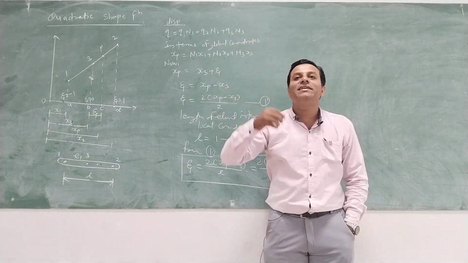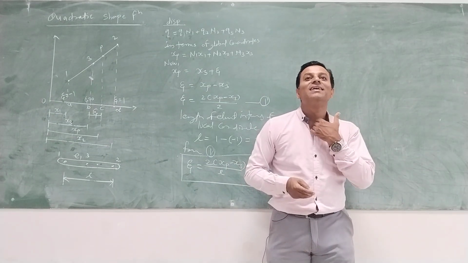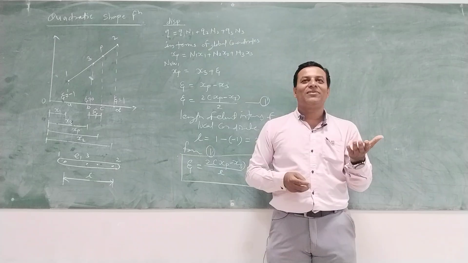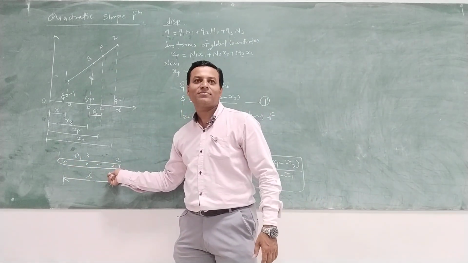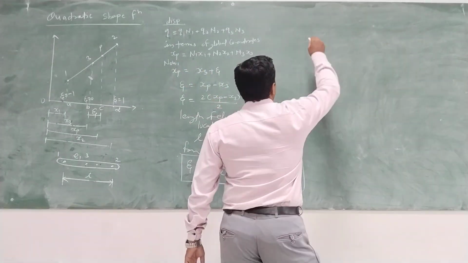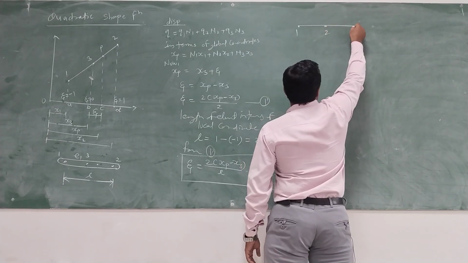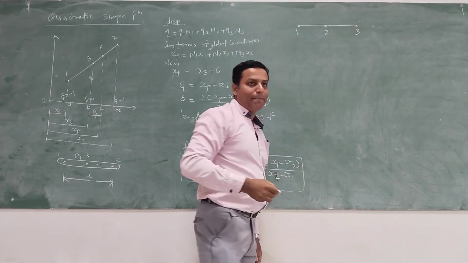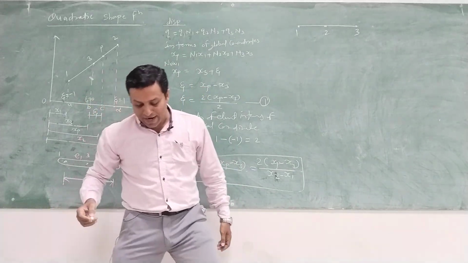Now the next step is to determine the shape function. Here, as we have taken 3 points, node 1, node 2, node 3, this is how it is quadratic.